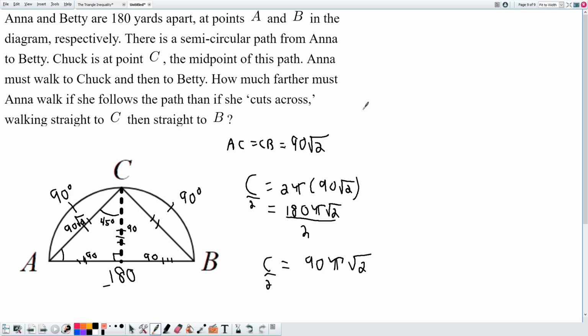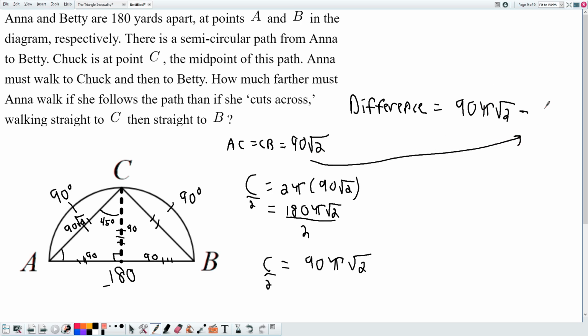So the amount farther, the difference that the two paths would have, would be 90 pi root 2 minus our other length of just 90 root 2.